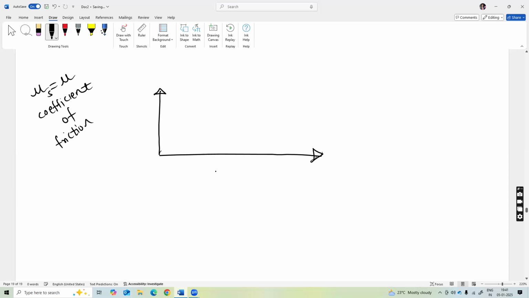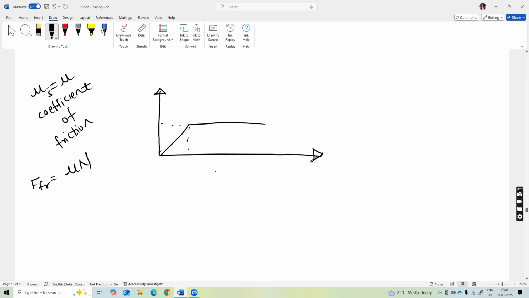So if it is the case, then the limiting frictional force F FR will be mu into normal reaction. So it will go like this and then it will remain constant, the way we have seen above.